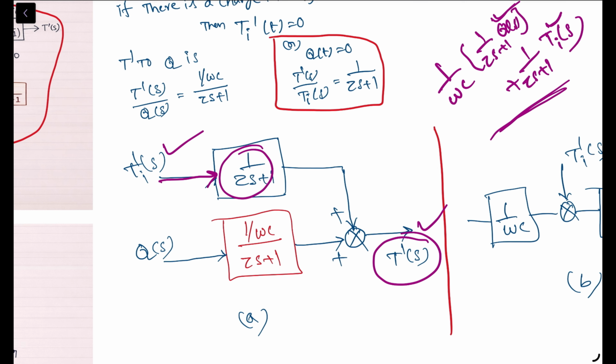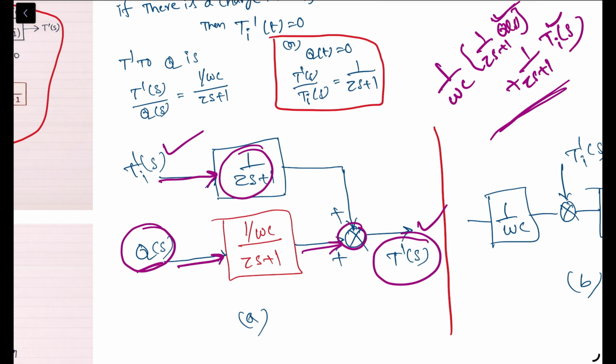What is the second path here? The second block represents the effect of heat supply Q of S. From the transfer function, the relation is 1 by WC into 1 by tau S plus 1. So we draw another block here.